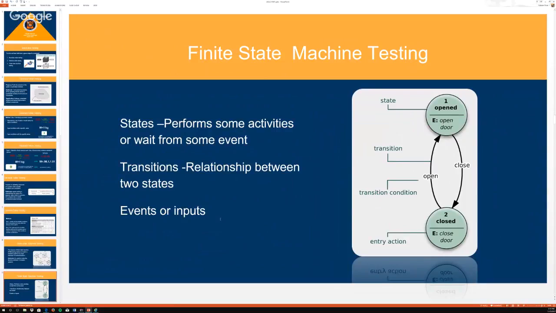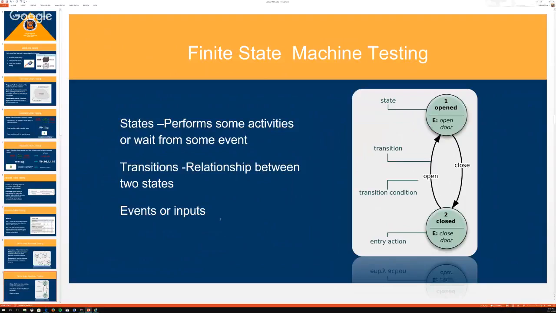They are states, which are activities or waiting for some event, then the transitions between the states, and events or inputs that must be put in the system to have a specific transition. And here we have a simple door. The two states that we can have in the door are closed or open.